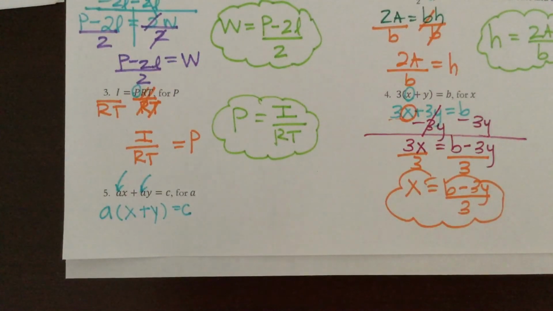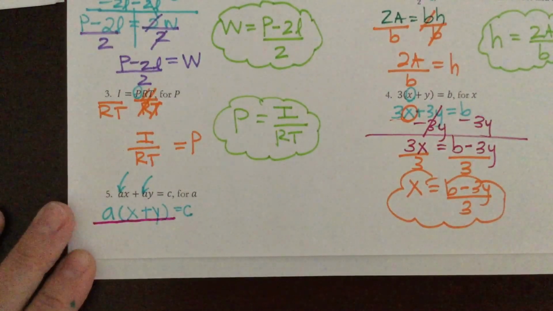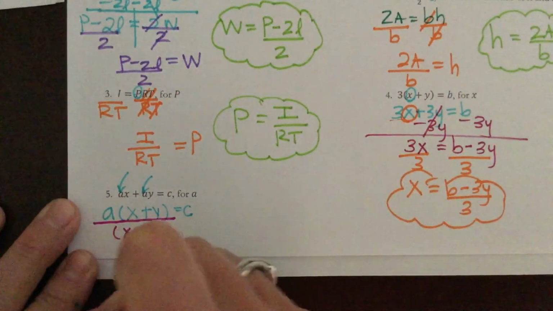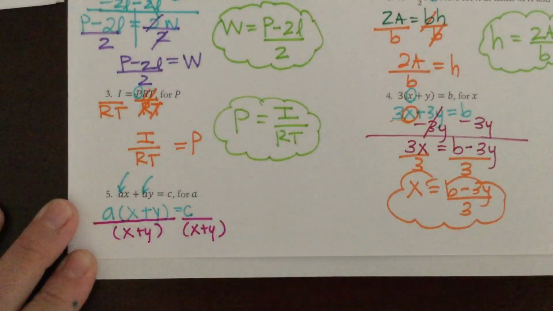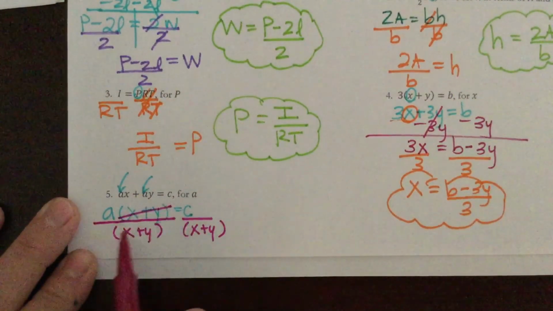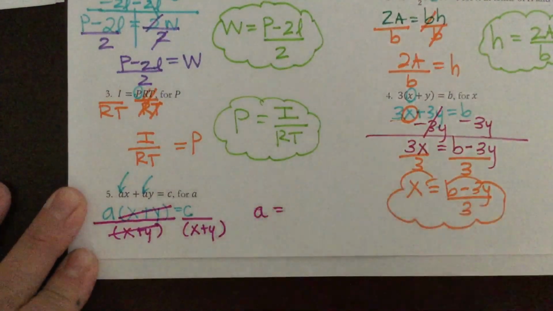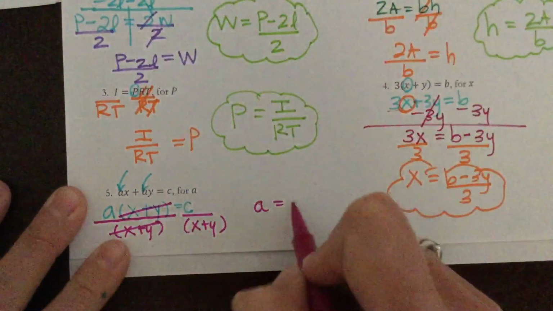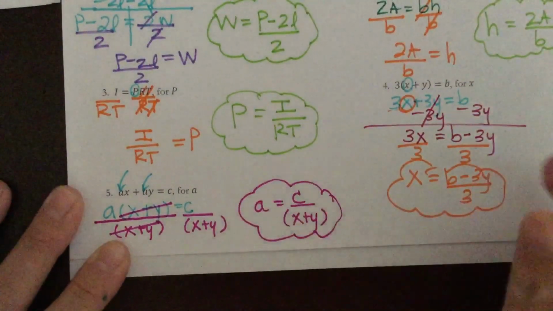Then to get a by itself, we would need to divide, because the opposite of multiplication is division. Divide by the quantity x plus y. So this quantity of x plus y and this quantity of x plus y cancel, leaving me a by itself over here. And on the right-hand side, we have c divided by the quantity of x plus y.